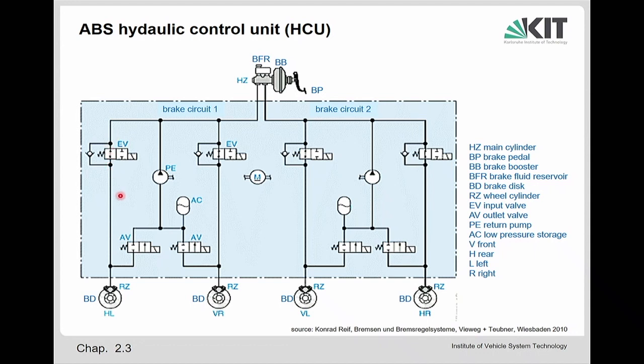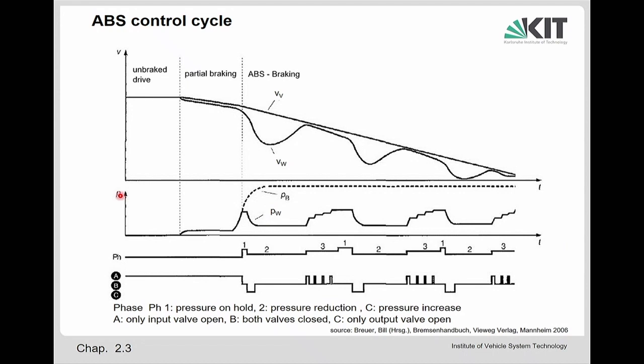Yeah? Okay, so then this slide shows what happens during an ABS activation. And I have explained that the ABS is using the slip to control, but it is not only making a measurement of the slip, because as already told, it is nearly impossible to have continuous information about the vehicle speed.